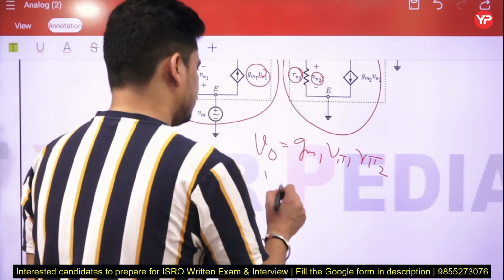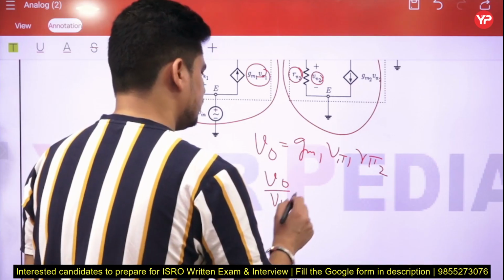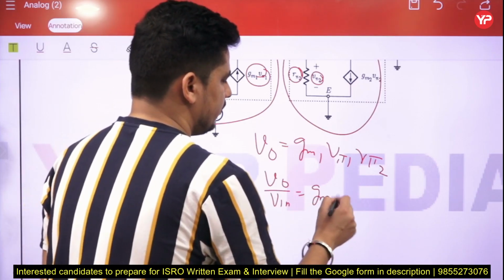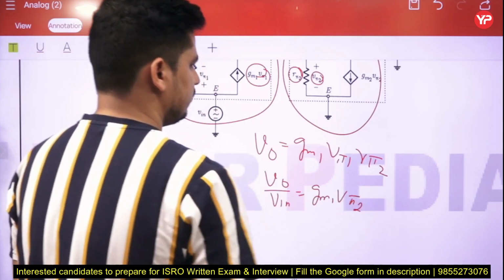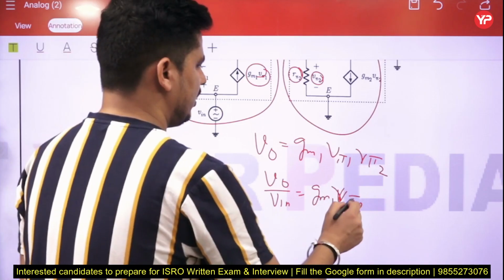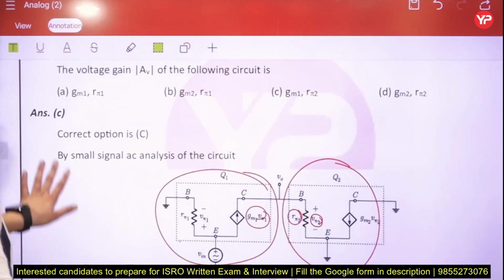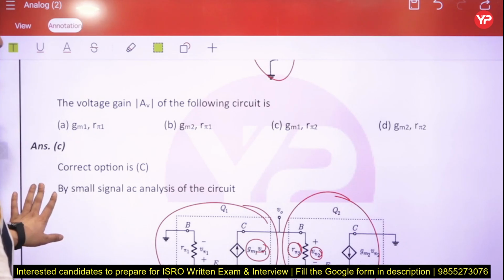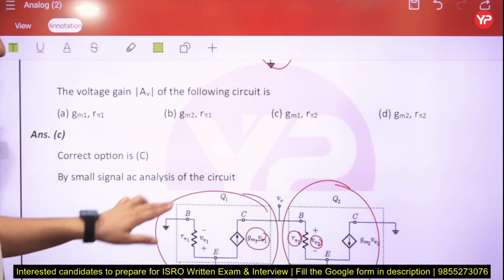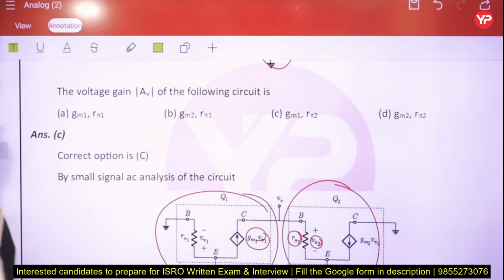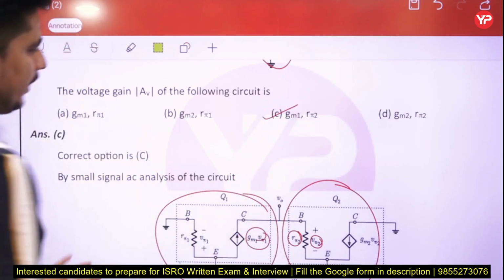So V out over V input is going to be GM1 R pi 2, sorry, not V pi, R pi 2. So what we are observing here is that the transistor gain is GM1 R pi 2. So the answer will be C from this circuit.